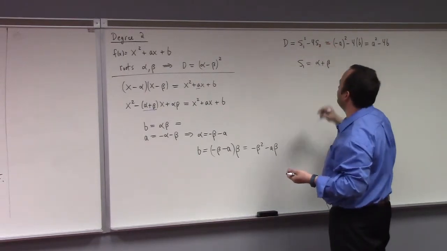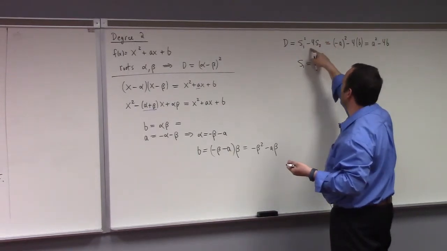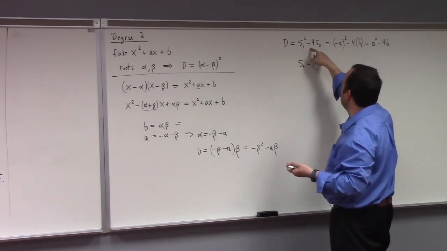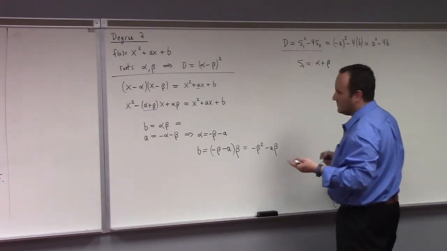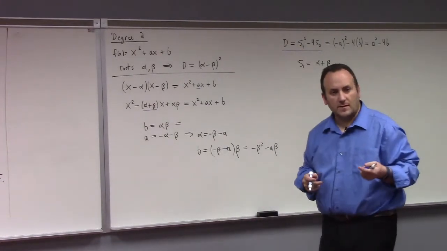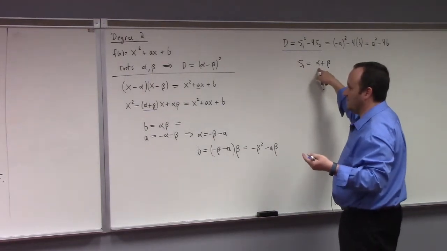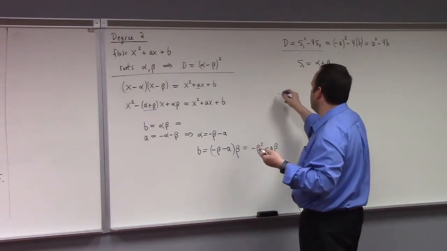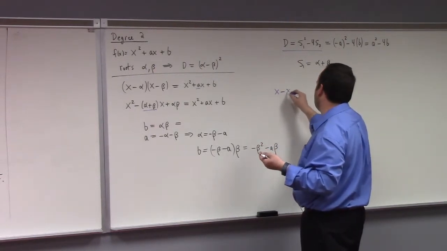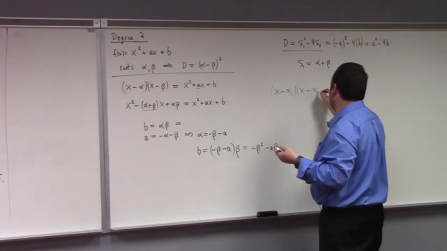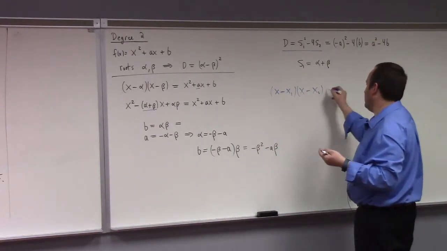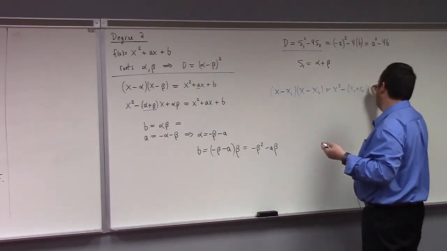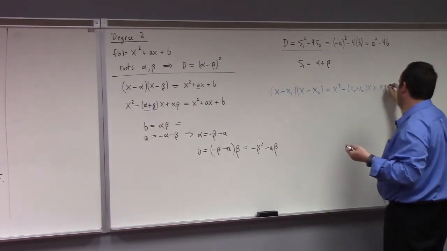Oh, but you're saying that, but the discriminant is S1 squared minus 4S2. Where's that coming from? I agree with you that S1 should be alpha, because generically you took x minus x1 times x minus x2 and multiplied it out, and that gave you x squared minus (x1 plus x2) x plus x1 x2.